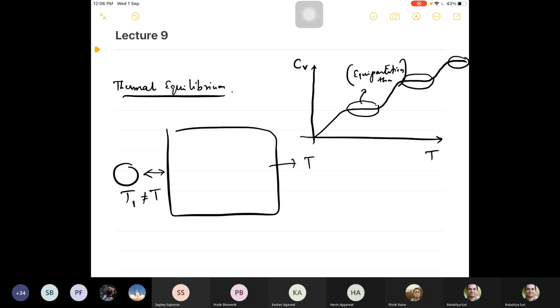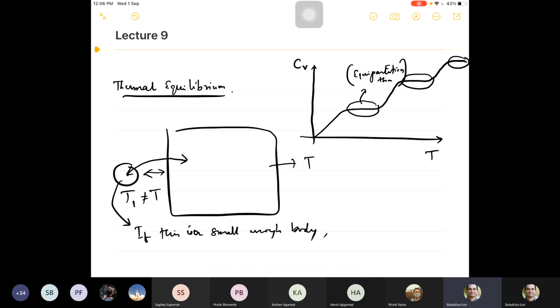And if this is a small enough body, and the bath is a big enough bath, then this reaches equilibrium with this.